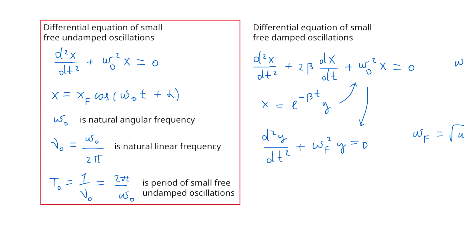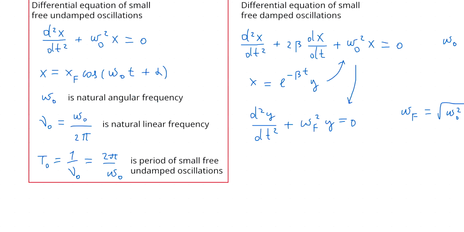It will be y is equal to x_f multiplied by cosine of omega_f t plus alpha.